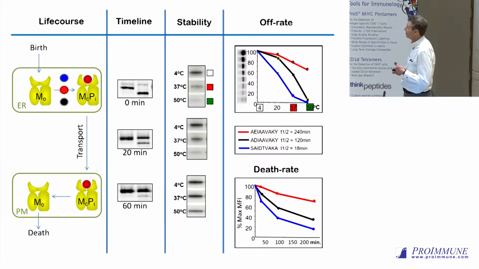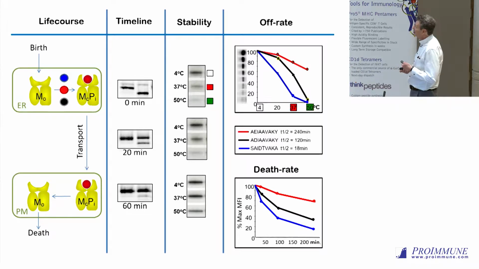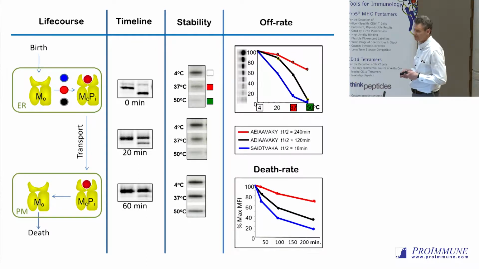So they kind of melt at relatively low temperatures. You can see here we're just incubating our immunoprecipitates of class 1 at different temperatures, and they disappear at about 40 degrees. But as they mature, they acquire thermostability. So by the time they reach the cell surface and are fully endo-H resistant, these guys are pretty stable.